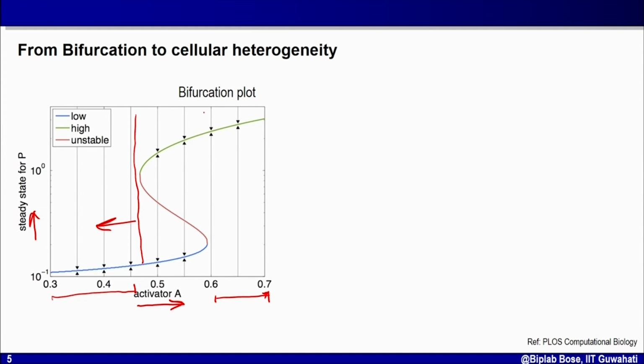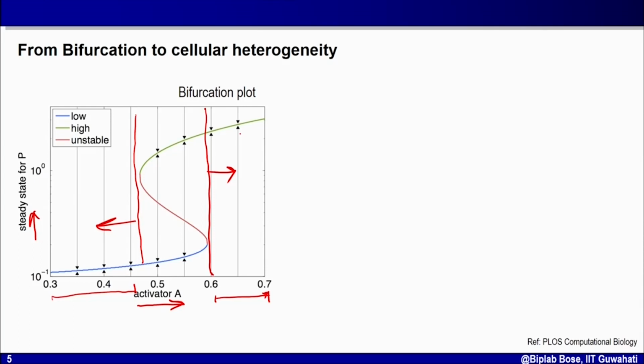Whereas I have another regime here, when A is bigger than this value, I have only one steady state for P, and that is the higher value. In between these two, I have a region where, for any value of A, I will have three steady states, out of which two will be stable and one will be unstable.